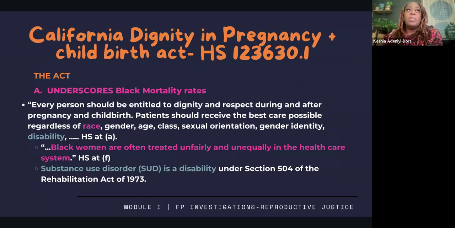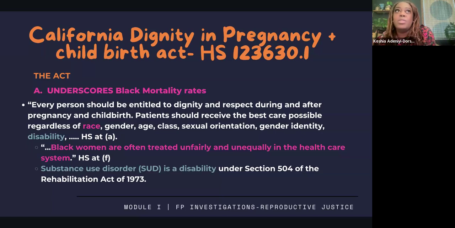All right, this is another slide. So the California Dignity in Pregnancy and Childbirth Act, Health and Safety Code 123630.1, also underscores Black mortality rates, right? And says that every person shall be entitled to dignity and respect during and after pregnancy and childbirth. During and after, right?